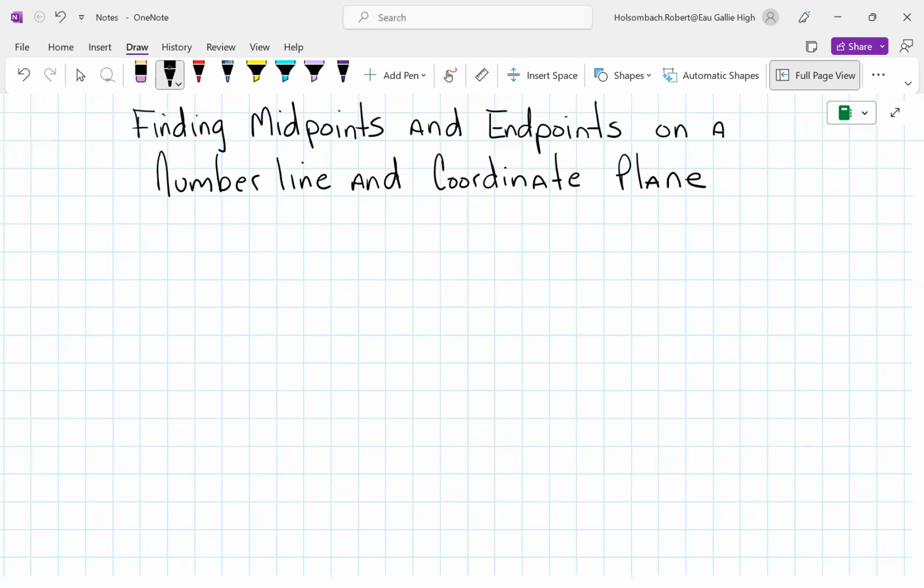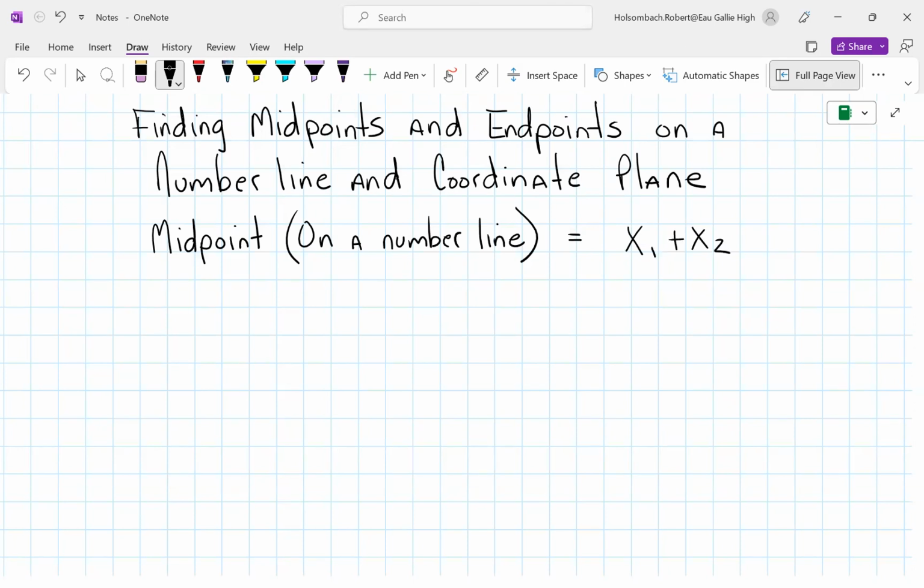So the first key concept is up on the top of page 27, midpoint formula. This is on a number line. It is equal to, you take your x sub 1 plus your x sub 2 and you divide it by 2.